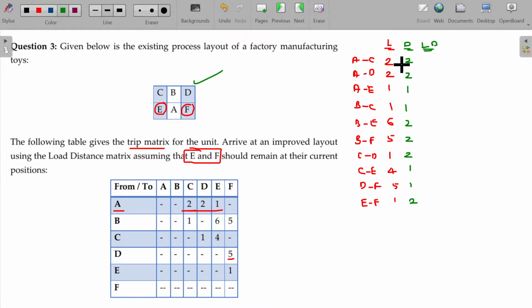Now, 2 into 2, 4, 4, 1, 1, 12, 10, 2, 4, 5, and 2. What is the total now? Is it 45? Hope now we'll be able to get this value. Now I'm going to recommend the improved layout.